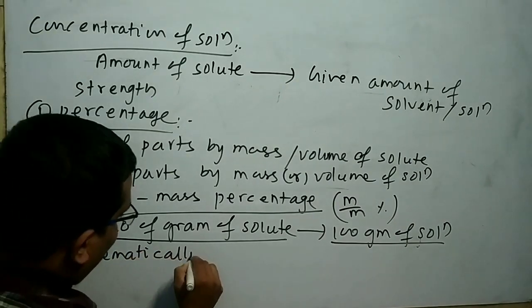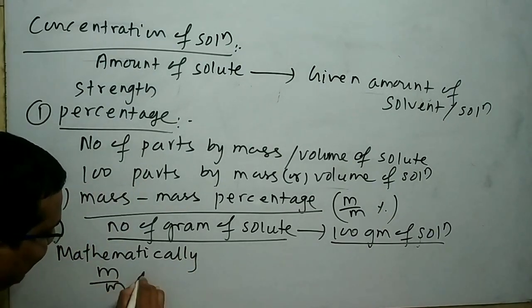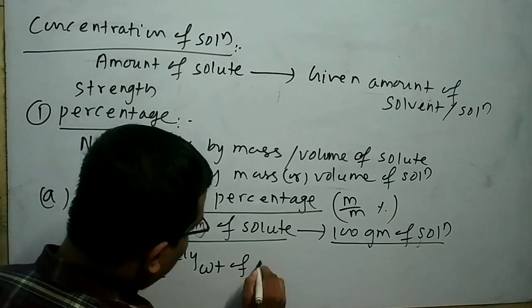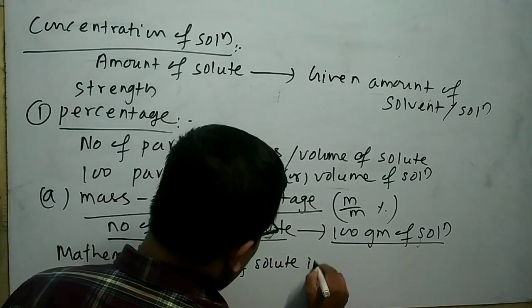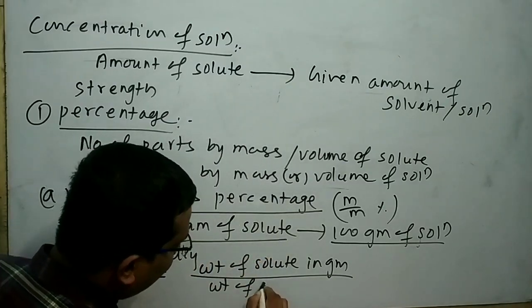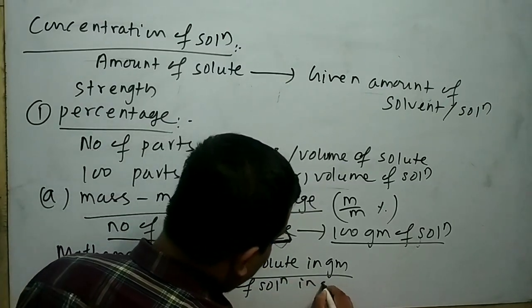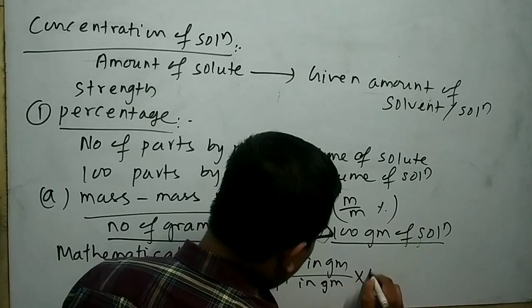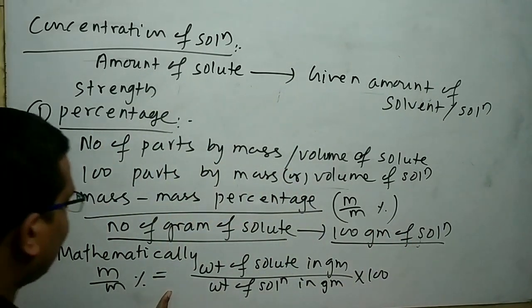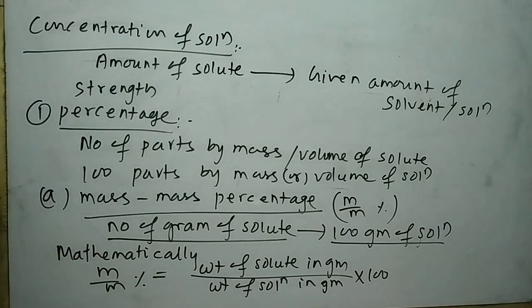Mathematically M by M percentage is equal to weight of solute in gram divided by weight of solution in gram into 100. This is the formula for the calculation of M by M percentage.